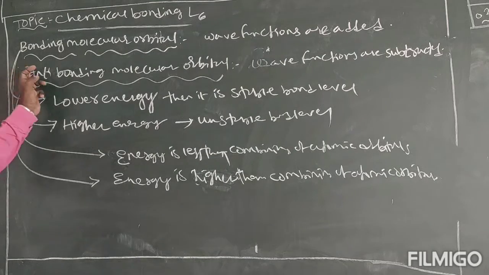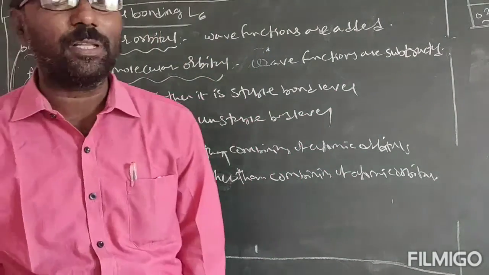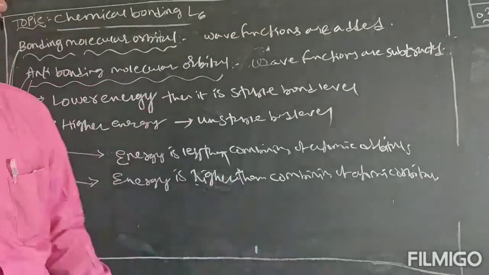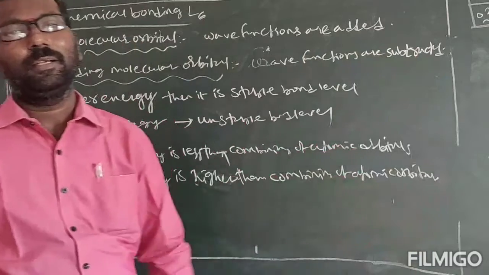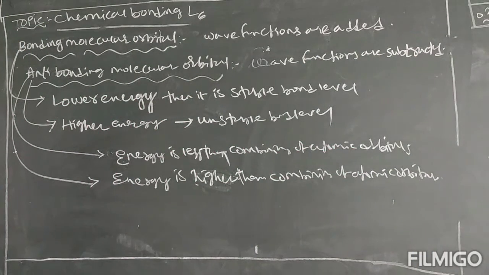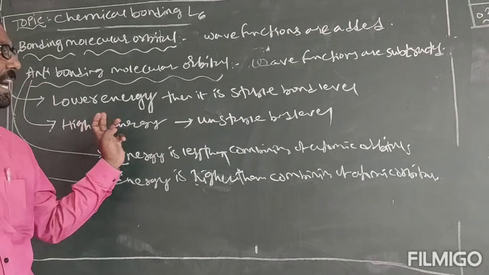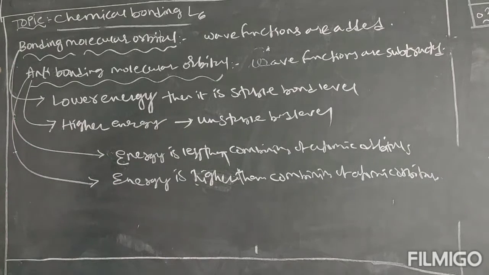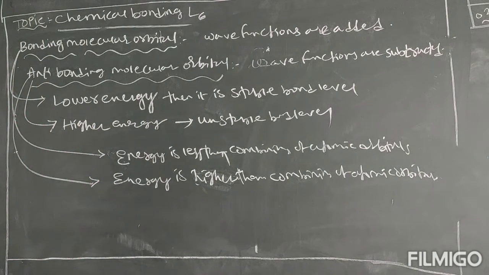First, bonding molecular orbitals are formed when the wave functions are added, whereas in anti-bonding the wave functions are subtracted. The next thing is the energy. When the bonding molecular orbital has lower energy, it is a stable bond, whereas anti-bonding with higher energy means unstable bonding takes place.